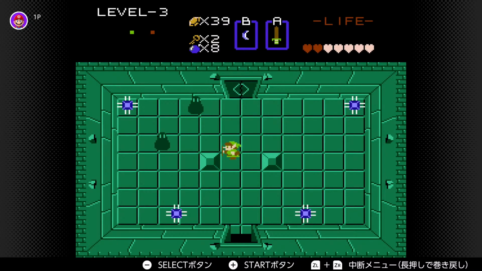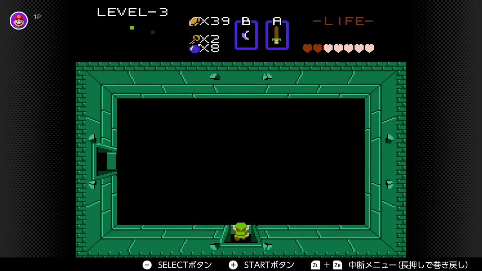But first, let's go here, because this shouldn't take us to the Triforce. So let's push the block to open the door. Okay.